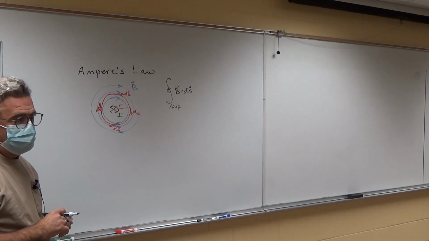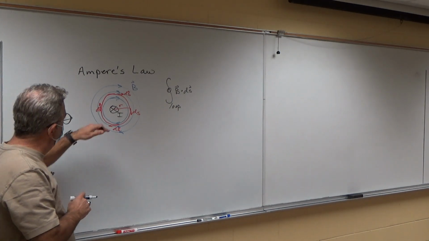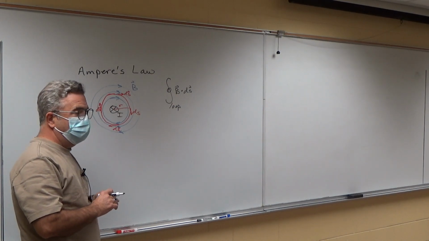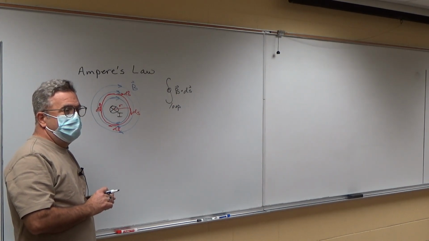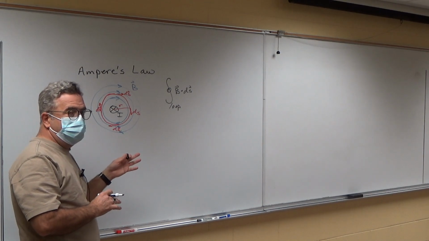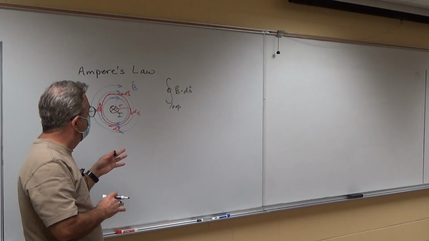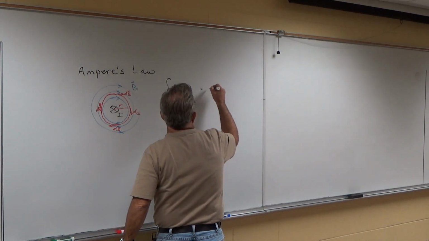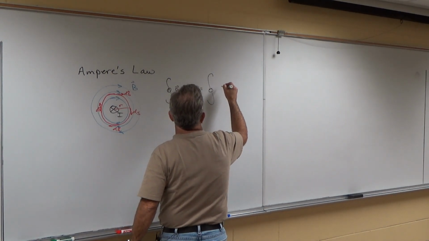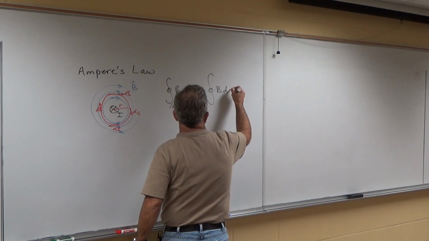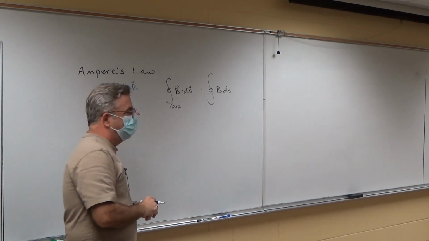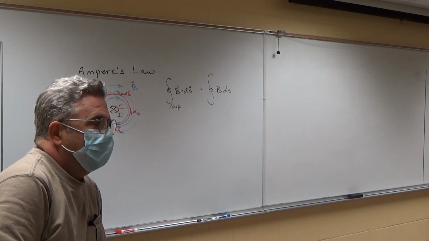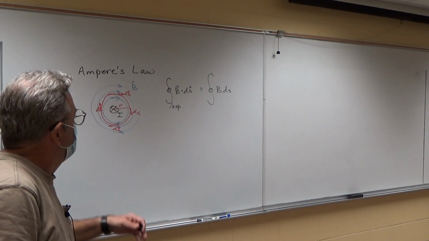Let's take care of the dot product. The angle between B and ds, the way I've set this up, is 0. It's a dot product. The cosine of 0 is 1. So this just becomes the closed integral of B ds. Get rid of the vectors. All right.